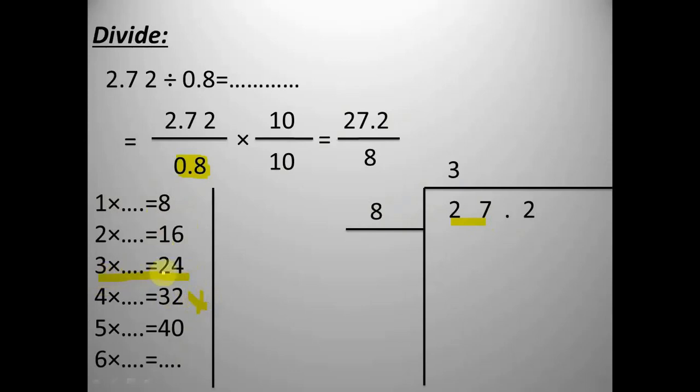3, write it up, second number, write it under the dividend, and subtract. We get 3. 7 minus 4 equals 3. 2 minus 2 is 0. We want to write down 2, but we can't write it down because we found the decimal point. We must move this decimal point into the quotient.